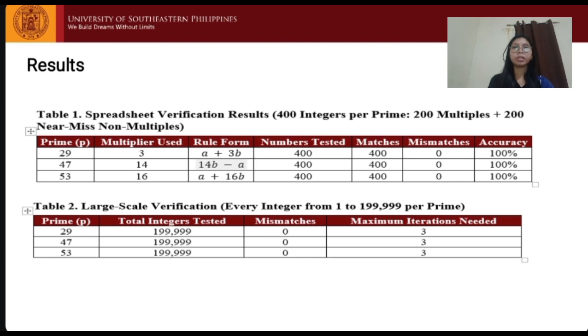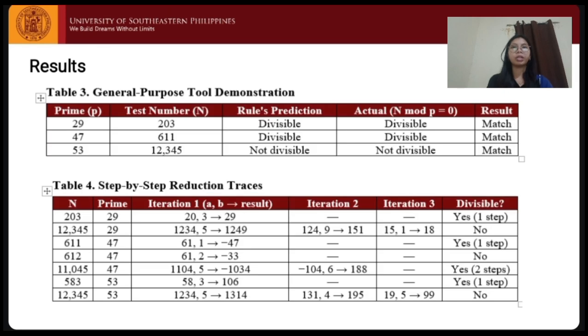Again, there were zero mismatches, showing perfect agreement between our divisibility rules and the standard modular computation. The third table demonstrates the general theorem by manually applying it to one sample number for each prime. In every case, the theorem correctly predicted whether the number was divisible or not.